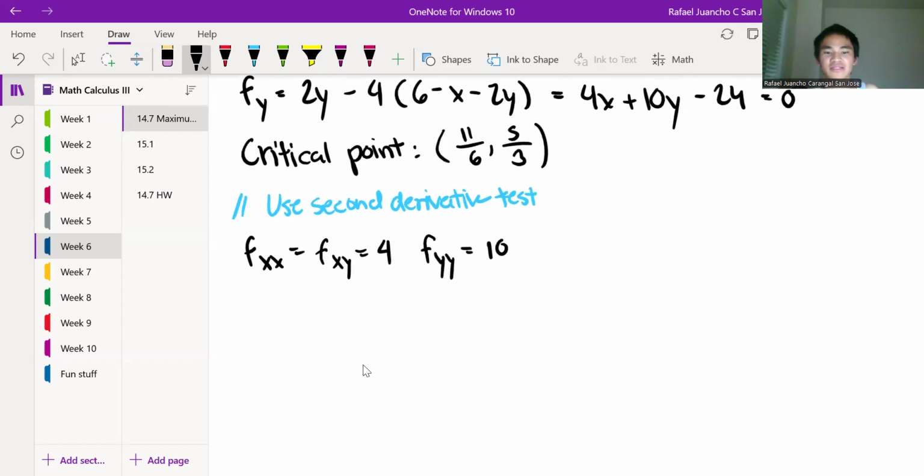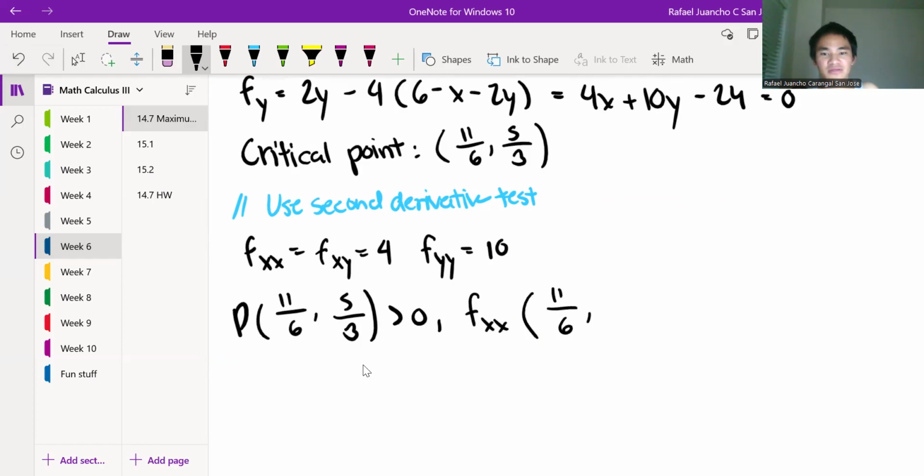And so here I already see my second derivative test is positive. Oh shoot, wait, is it positive? Oh, it is, yeah. Because 40 minus 16 is 24. Yeah, so my D at this point is positive, as well as my f sub x x at that point is also positive.